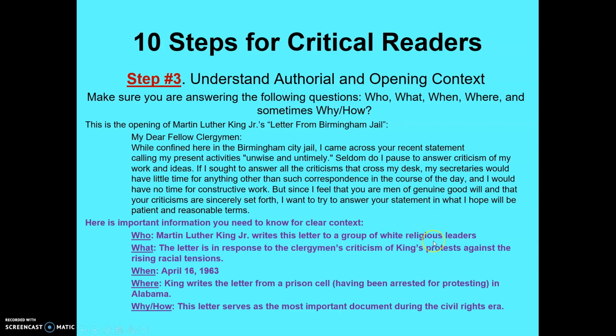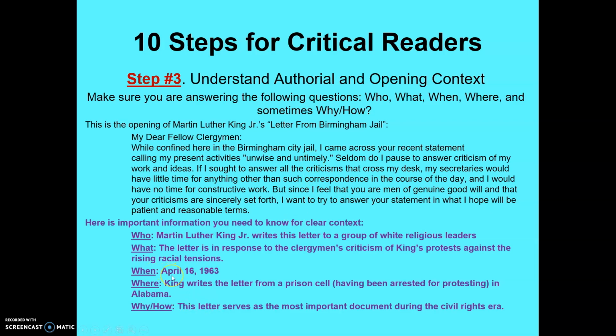These are men who are criticizing him and his peaceful protests. And that leads to the what of the letter. He is writing in response to these men. And these men were very vocal about King's protests because they called it unwise and untimely. And so King wants to address that counter argument.